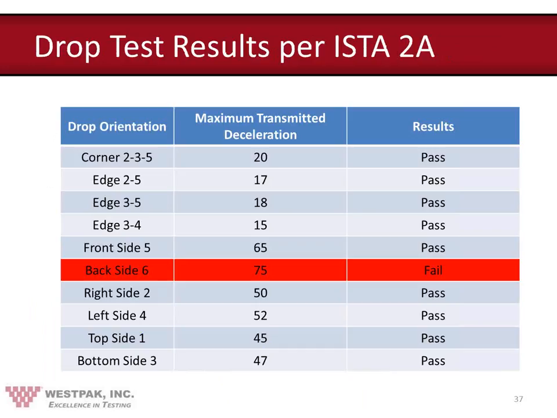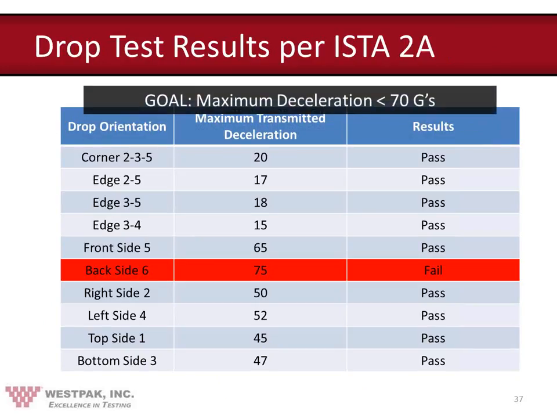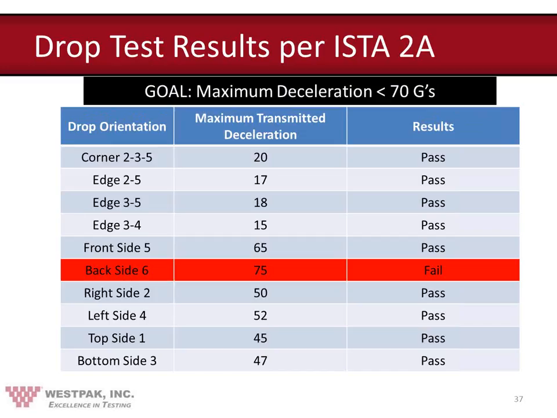Thank you, Herb. So right here we have theoretical test results as if you were actually doing the drop test per ISTA 2A. If you remember our previous product of the laser attached to the robot, we know that the maximum deceleration that we want to see on the unit during testing is 70 Gs.